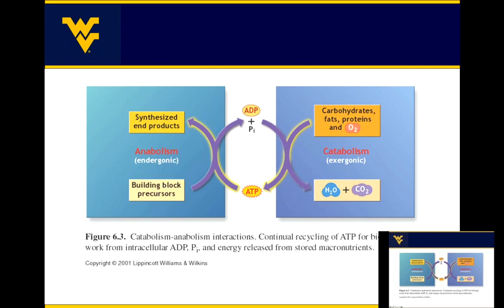So as long as this cyclic process can take place, you stay alive. When this process stops is when you're no longer part of the living. Okay, so it's important to understand what exergonic and endergonic processes are, and how that really is nothing more than building things and breaking things down in a cyclic process that ATP seems to be centrally governing.